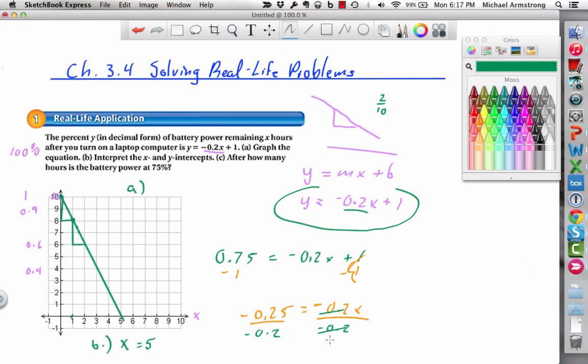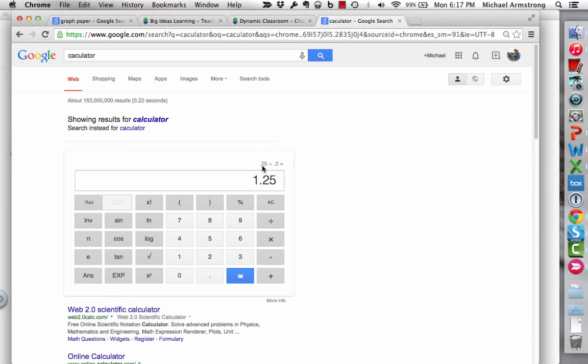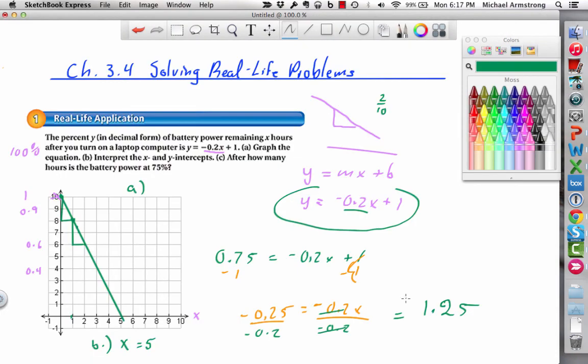So 0.25 divided by 0.2 is equal to 1.25. We can check back just to make sure, in case you don't believe me. 0.25 divided by 0.2 is 1 and 25 hundredths. And so that's going to be the answer to letter C.